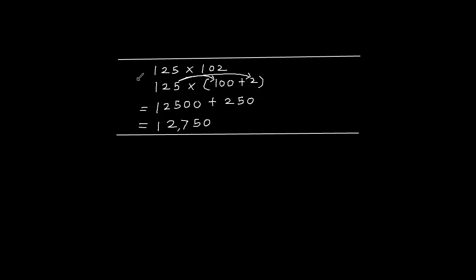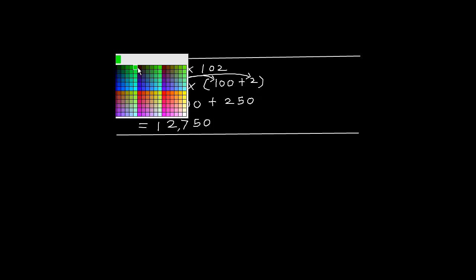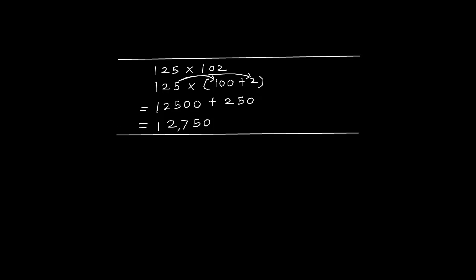Okay. Now if I'll take another example as 135 times 98. Now 135 times 98 I can write as 135 times (100 minus 2).